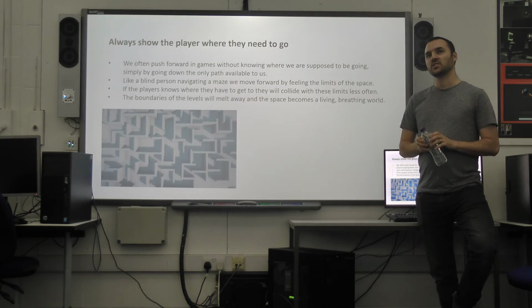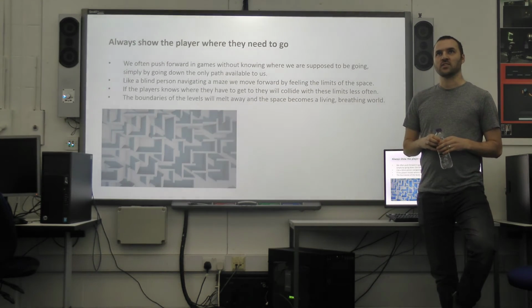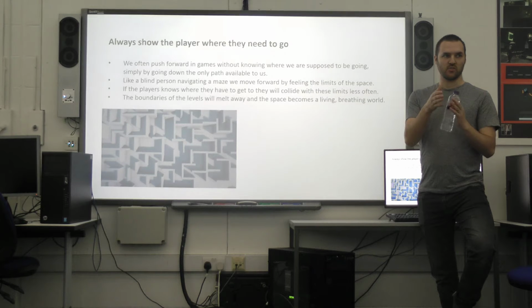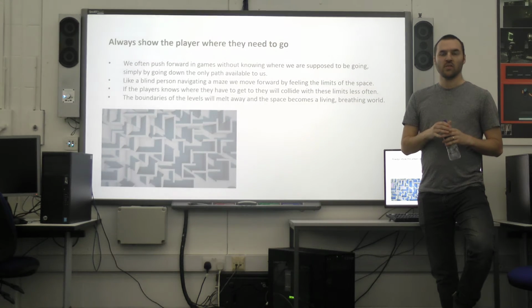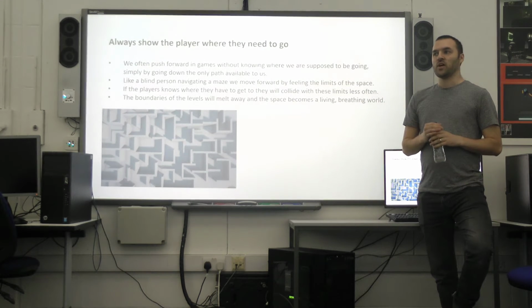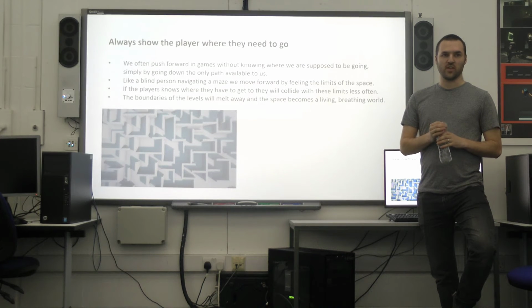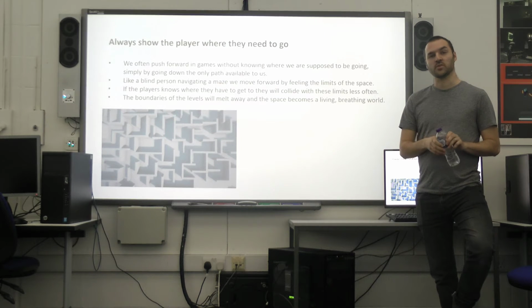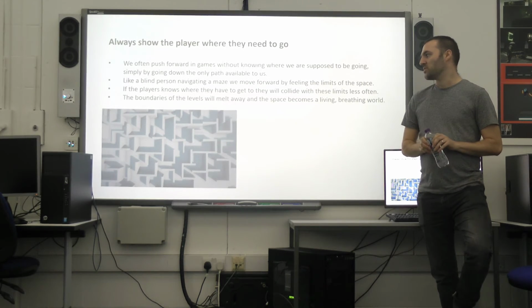You might have read things about what I think are called weenies, which is an object in the distance you've got to try and get to. That's a really common level design tool to tell the player where they need to go. Back when I was a student, it was always Half-Life 2. People would talk about Half-Life 2 and you'd see the citadel in the distance. I don't know what a more contemporary version of that is.